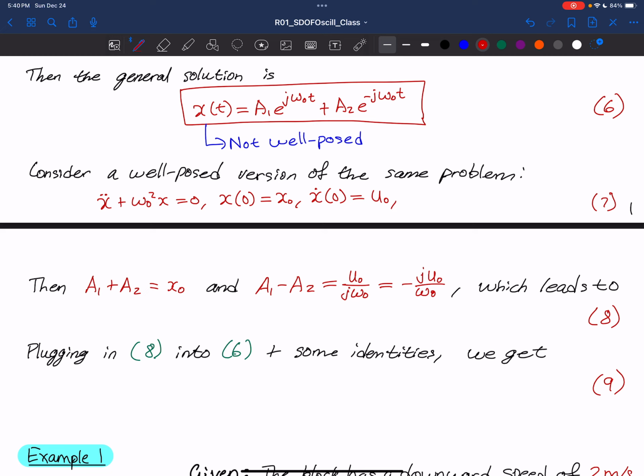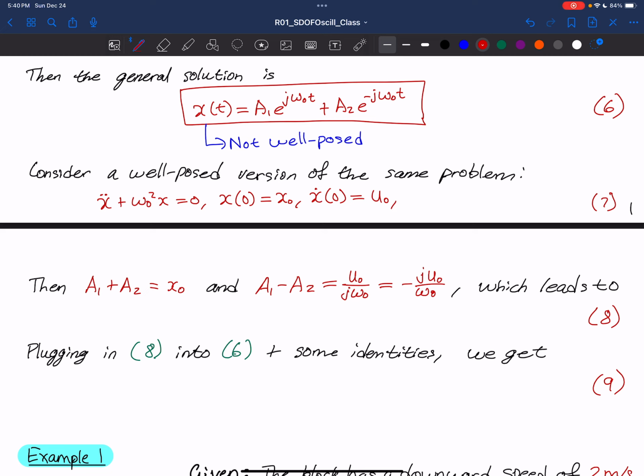So you can run the equations or the physics backwards, and you could also start at some non-zero time and then run them forwards as well. But generally, if we're given some conditions at a non-zero time, we will shift time and call that our new zero so that we still have initial conditions.